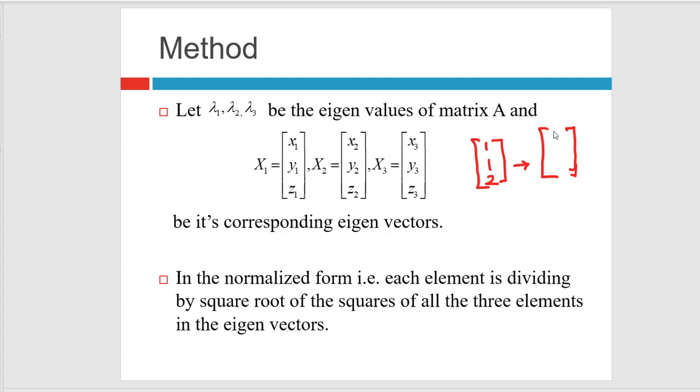The sum of the squares is 6, and the square root of this value is root 6. We divide each term by root 6. Therefore 1 by root 6, 1 by root 6 and 2 by root 6 is the required normalized form for this 1, 1, 2 value. This is the example. In this way we find out the normalized form. The idea will be clear in the example.